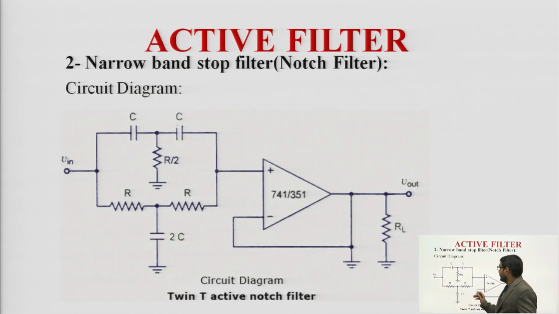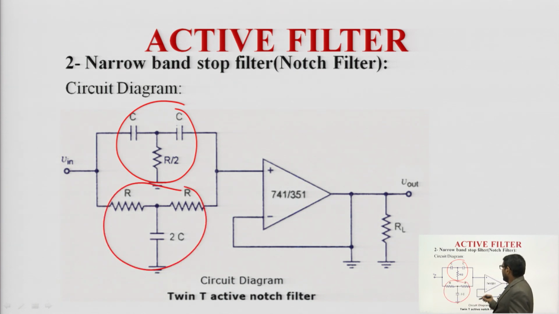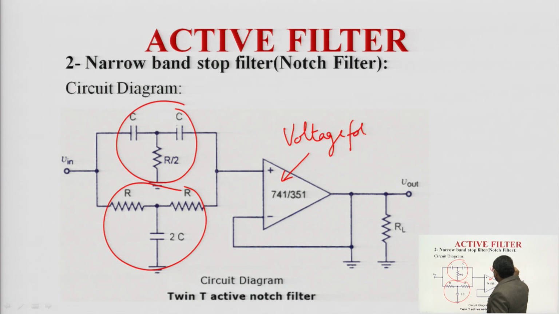So, if you consider the twin T network, it looks like this. This is the twin T network, where one T is C, C and R by 2, and the other one is R, R and 2C. This is defined as the twin T network, and this op-amp here is a voltage follower, which minimizes the loading effect.